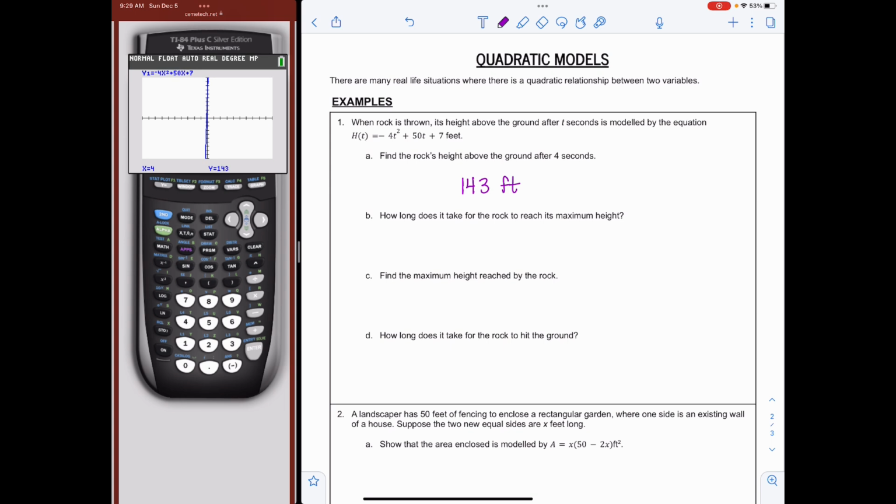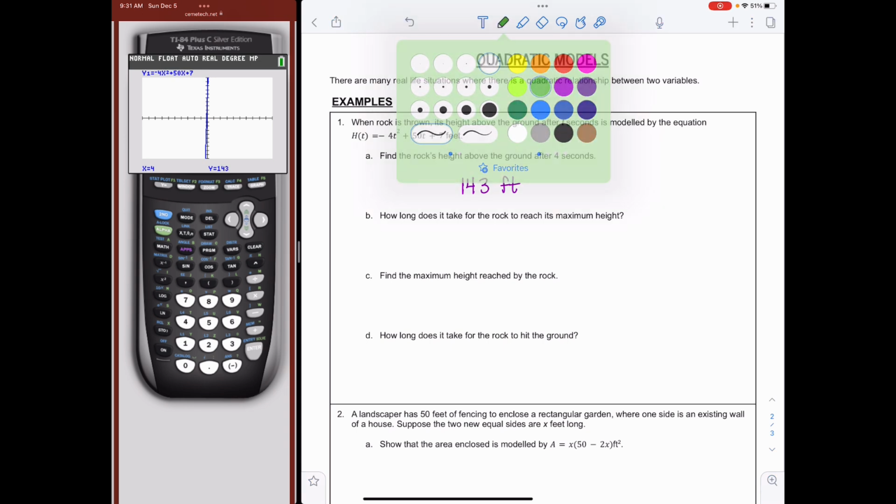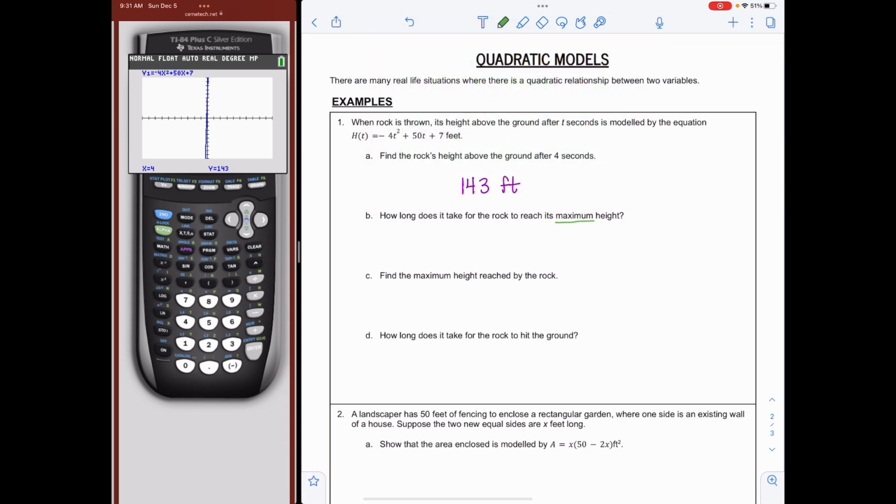So now let's look at part B. Part B asks, how long does it take for the rock to reach its maximum height? Well, we already know that the key word maximum here is telling us that we need to focus on our vertex. And if we look at this graph in the calculator, we cannot see the vertex.